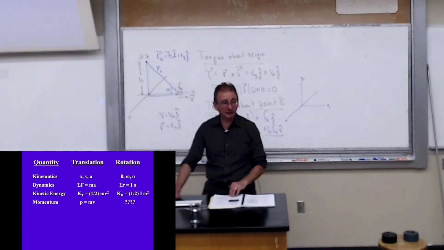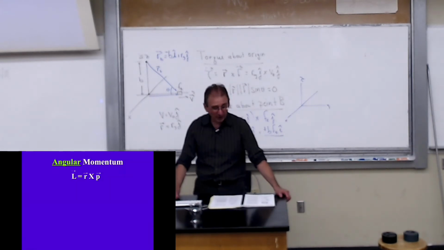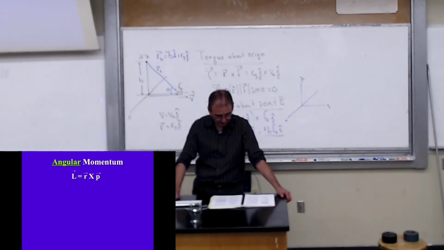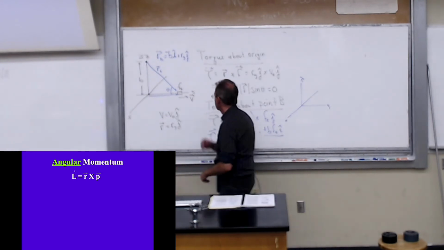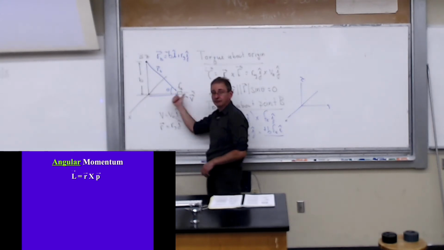We choose it by convention, and we use the right-hand rule. And we define the angular momentum as the cross product r cross p. So in this particular problem that I have up here, we have a particle with momentum mv going that way.